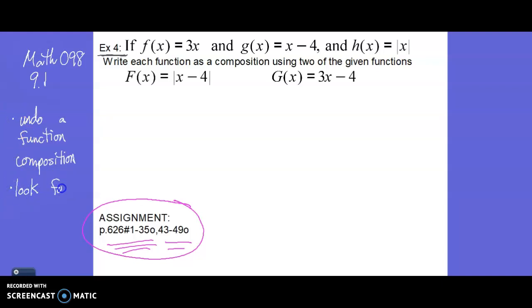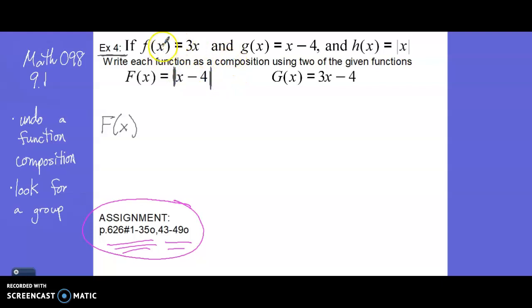Look for a group, and that could be a parenthesis. It could be like the square root of a bunch of stuff, or it could be, I don't know, several things. But if we look at f of x, so capital F of x, it definitely has a group. It has an absolute value in here. So if that didn't show up, it's right here.